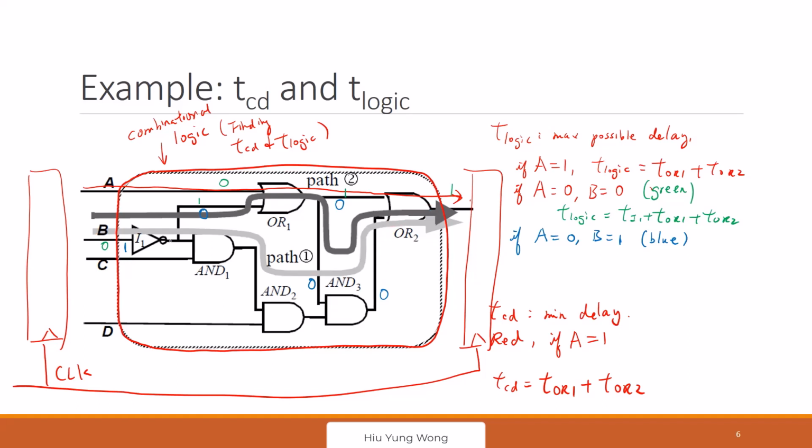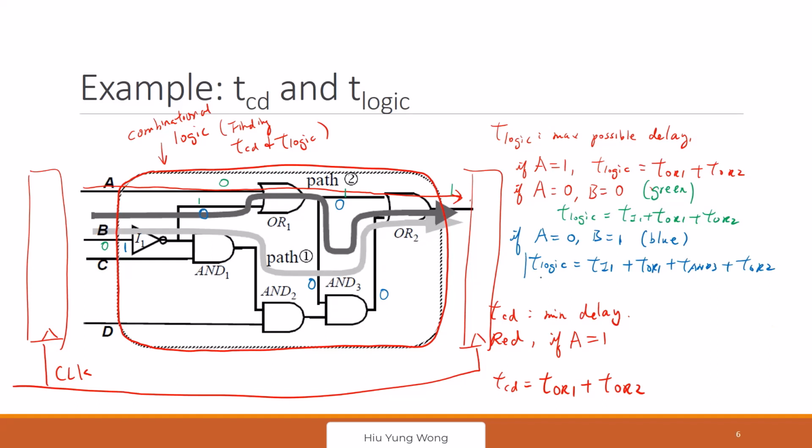It even does not go through N1 and N2. Do you see that? Just because of the logic, right? So T logic equals to TI1 plus TOR1 plus TN3 plus TOR2. Let me check it's correct. Right? So that's it, finish.